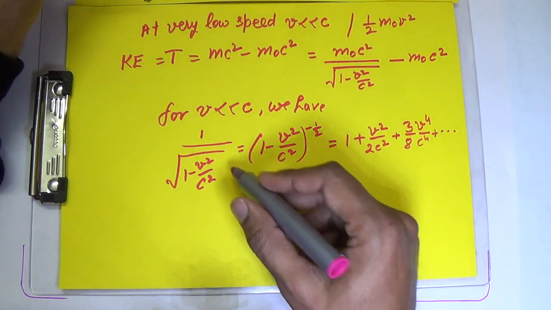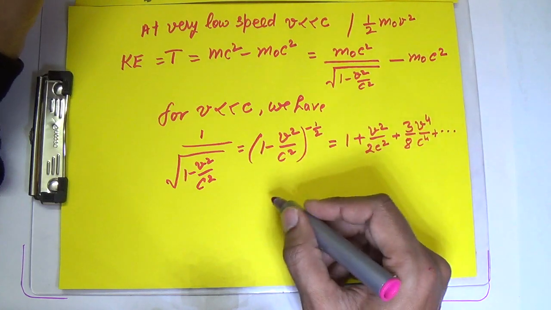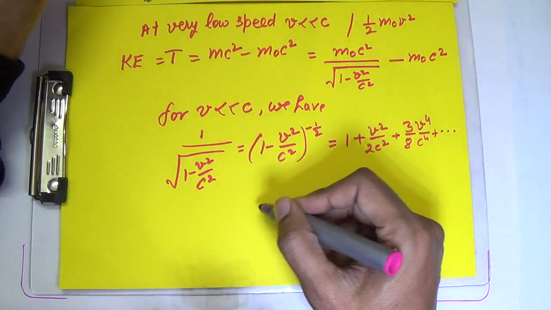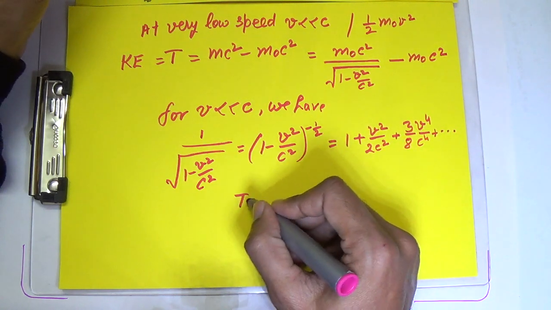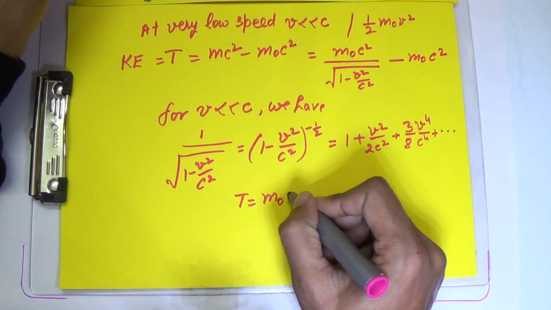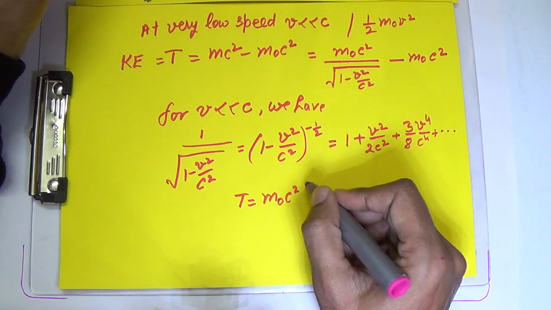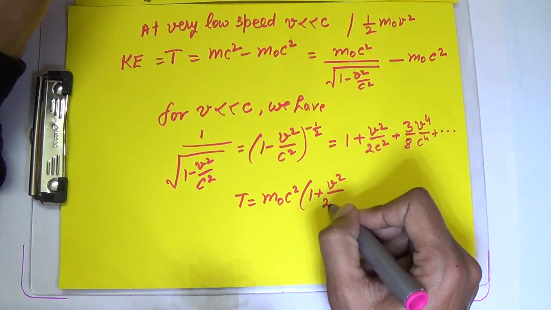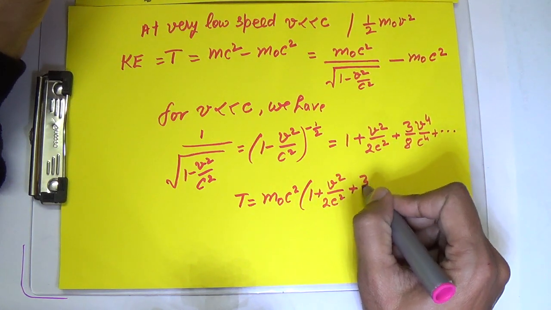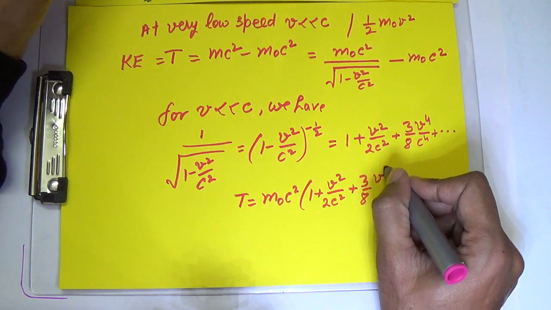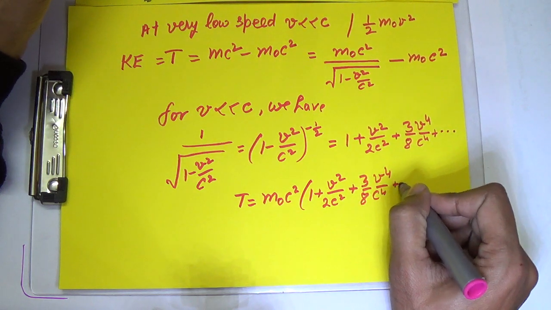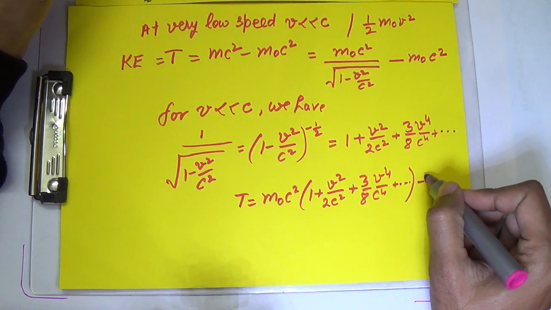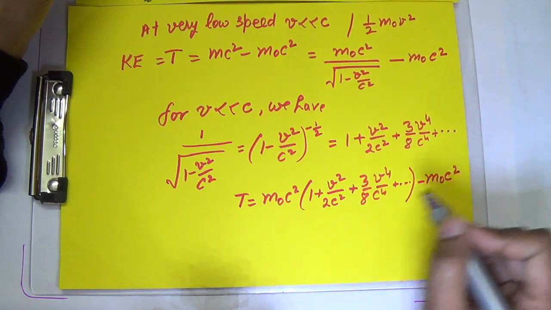So now if I put this value here, kinetic energy T is equal to m naught c square times 1 plus v square upon 2 c square plus 3 by 8 v to the fourth upon c to the fourth and so on, minus m naught c square.